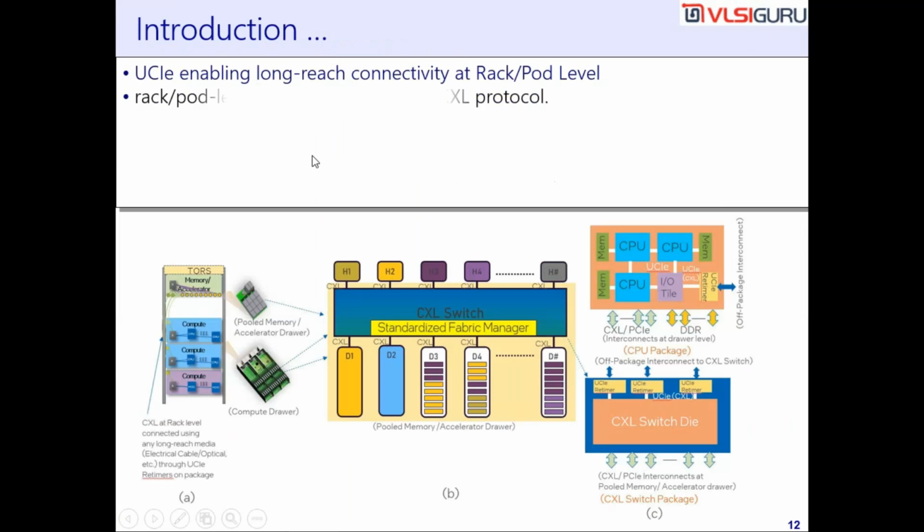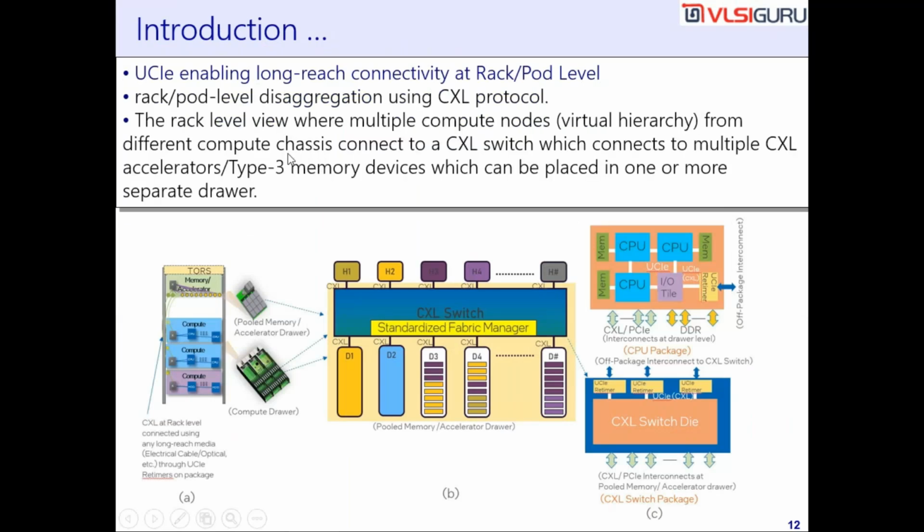This is an example of how this could be done, where you have UCIe enabling long reach connectivity at the rack and pod level, with the different elements connected. Some compute nodes are here, some memory and accelerators are implemented here, and all of them are connected through the UCI Express link.